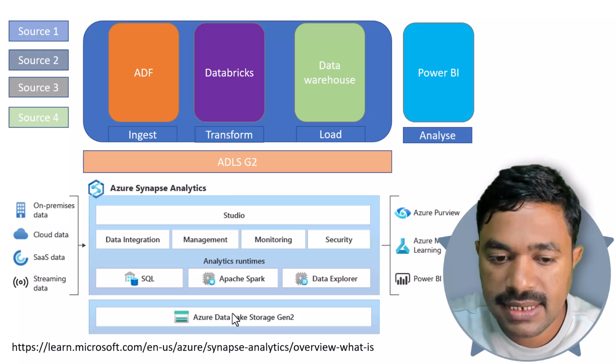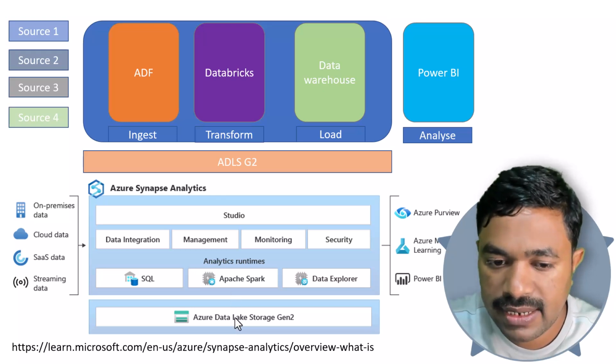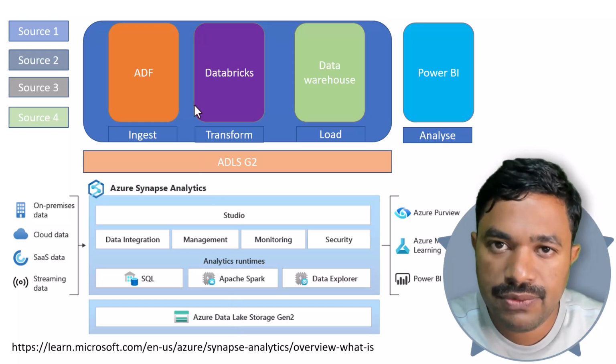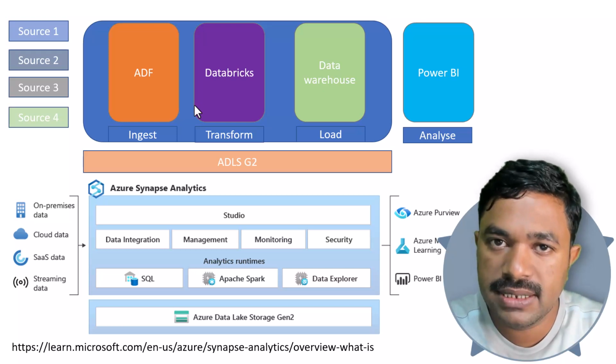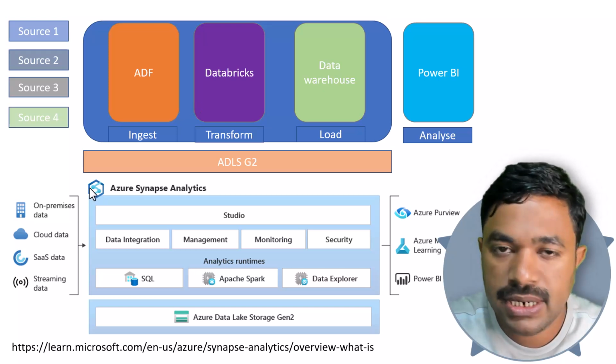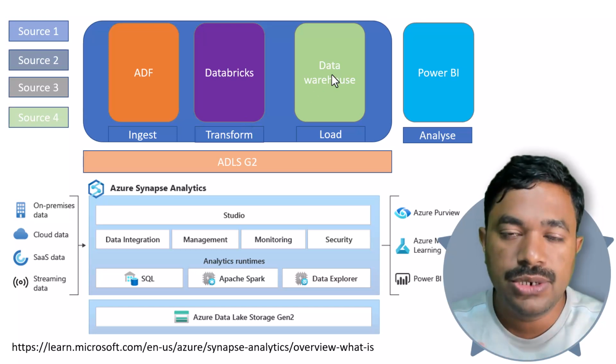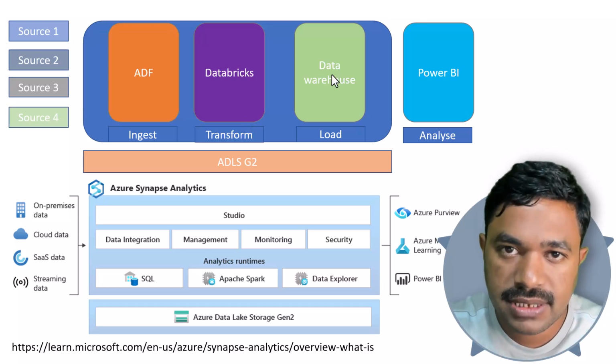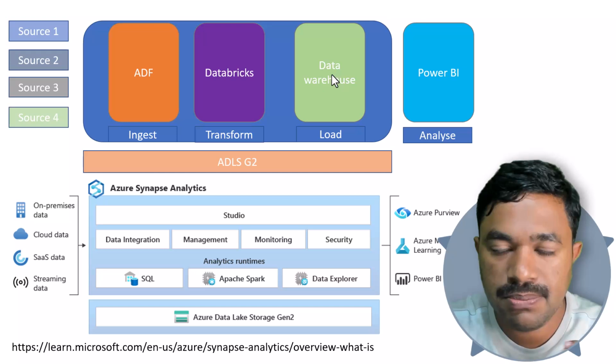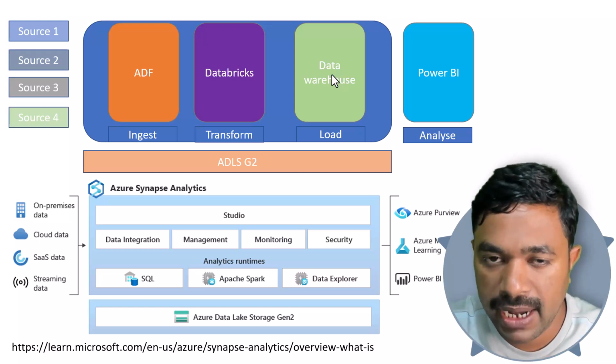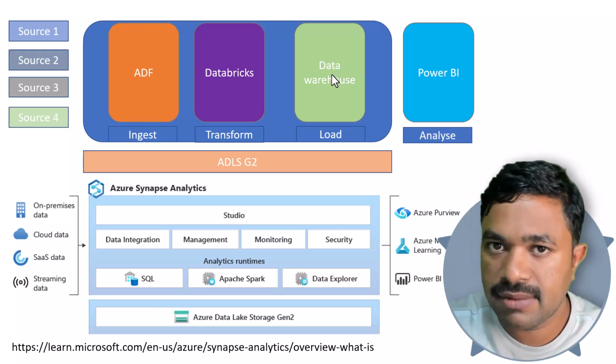Just like how we performed the ingest operation in Data Factory, we have an option for data integration. Also, to design a data warehouse, we have SQL pool. And to perform big data analysis, we have Spark pool, and there are many other services as well.